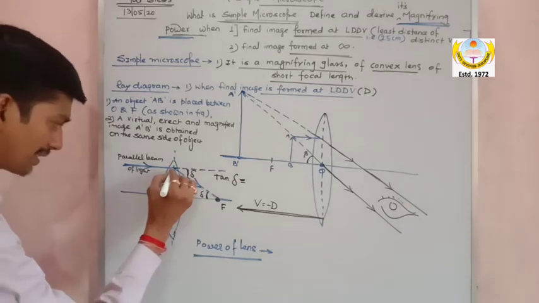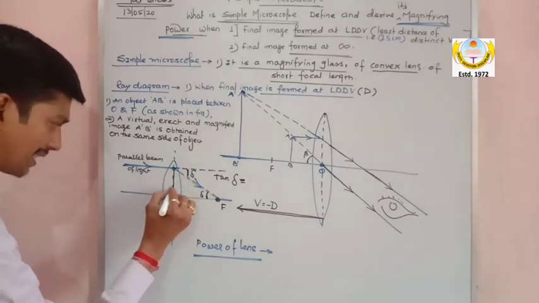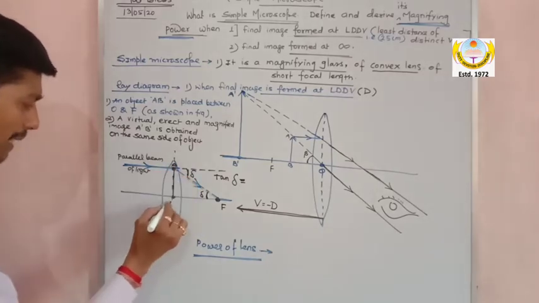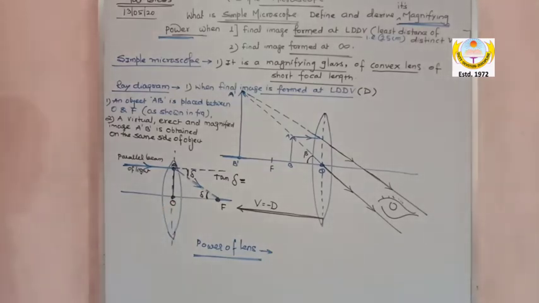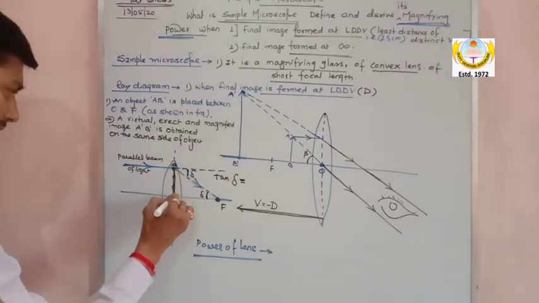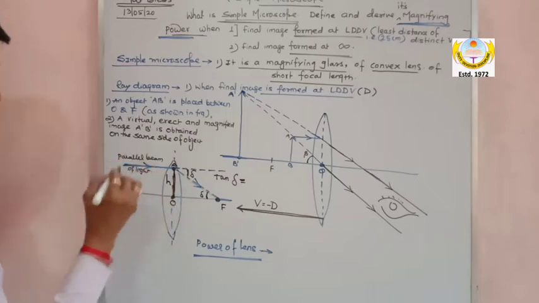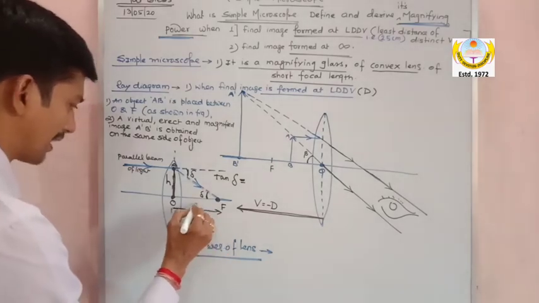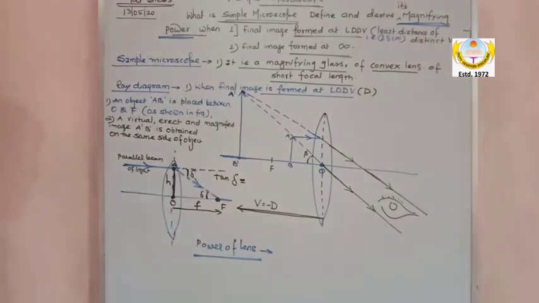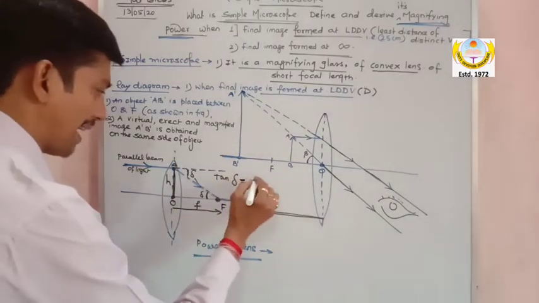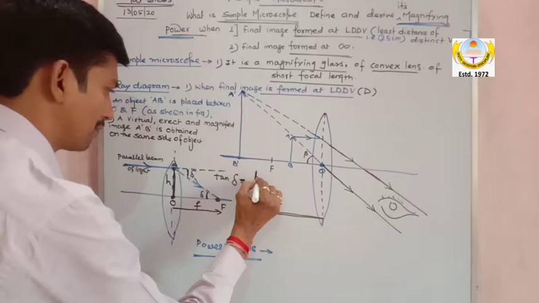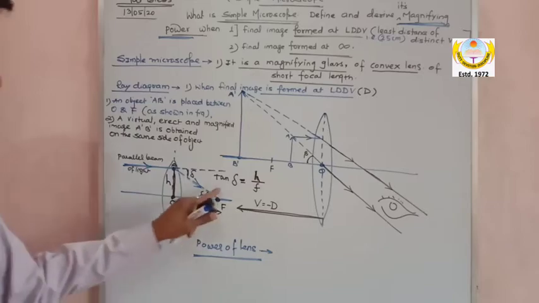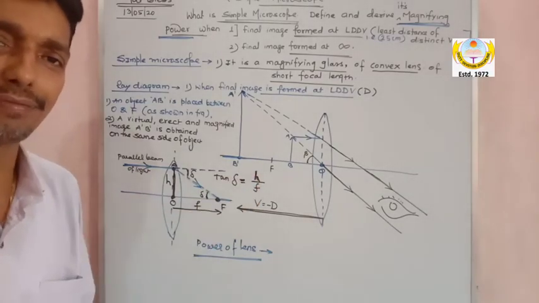If I draw this distance, say here it is A, and here it is B, or optical center O, let this distance be H. And everybody can see from the figure, this distance is F. So now what is tan of delta? My dear, tan of delta will be H by F.